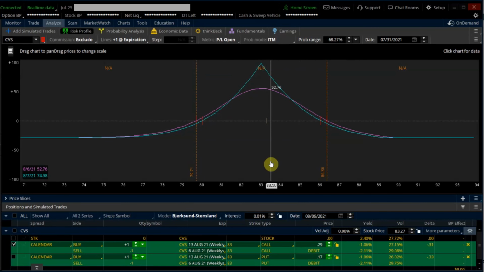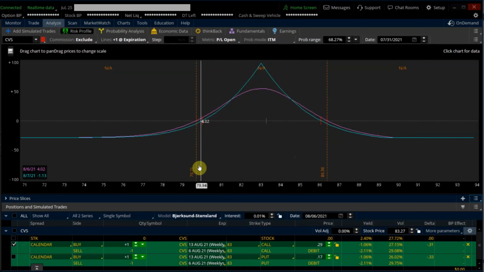And if you recall in my earlier slides when we took a look at the daily candlestick chart of CVS, one of the key support levels was around $79.80, and the key resistance level was around the $85 mark. So this actually falls very nicely within my profit zone.